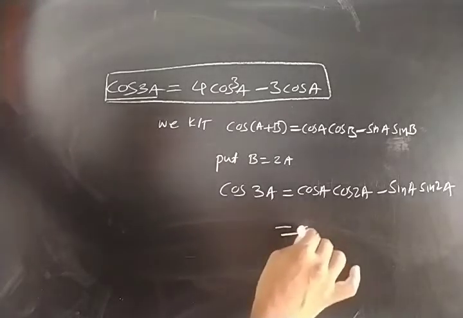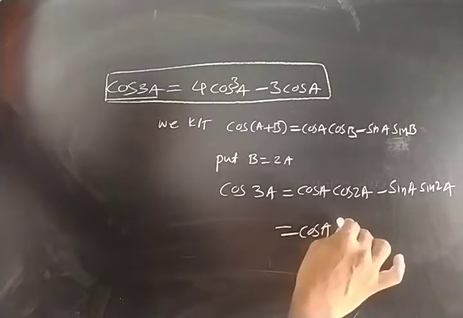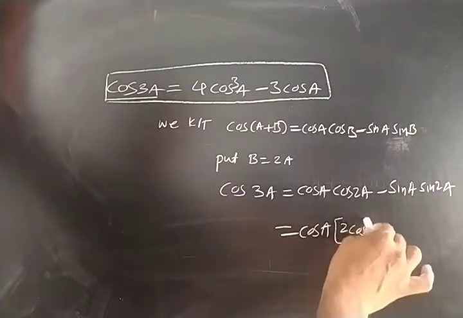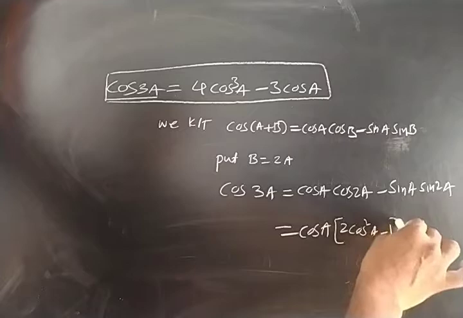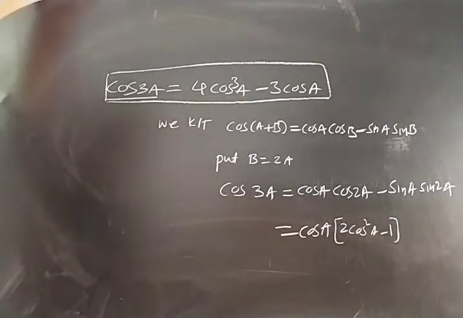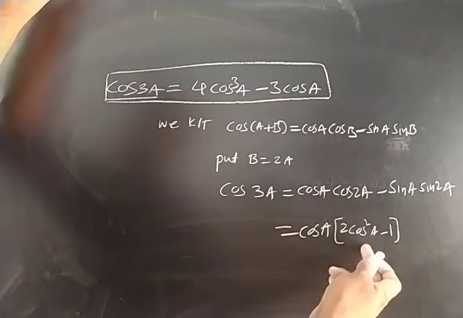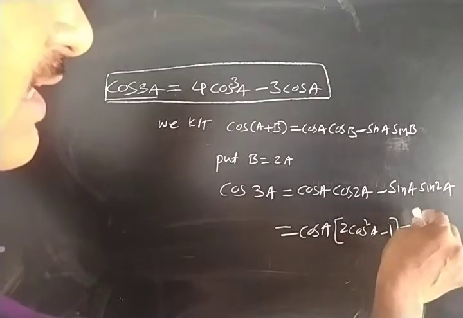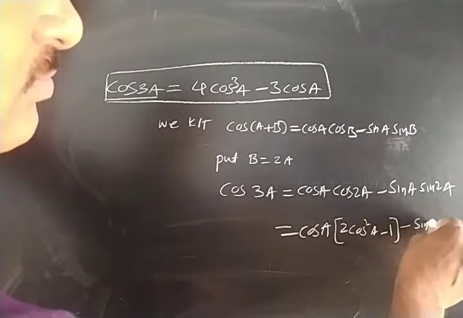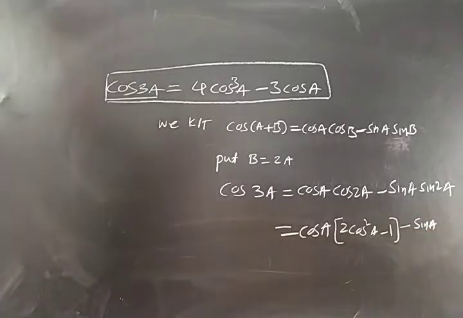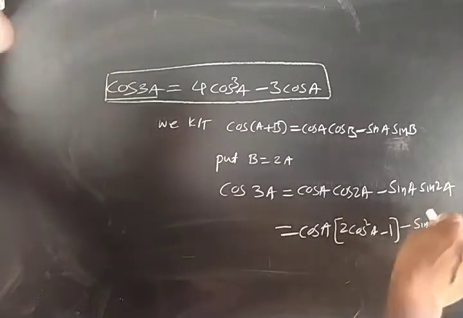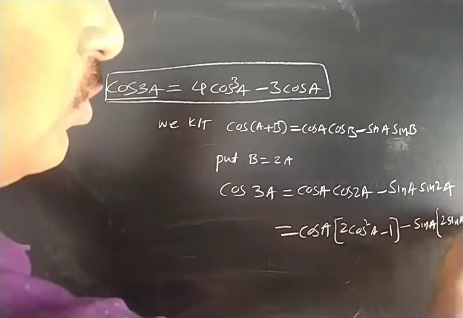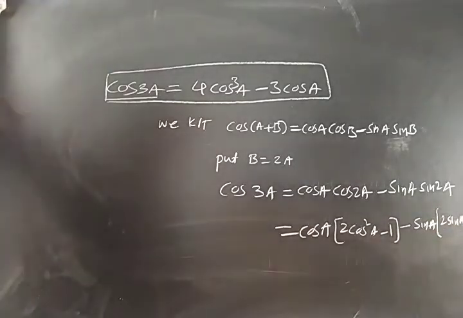So cos 2a I am writing in terms of cos, using the second identity of double angle identity: 2 cos square a minus 1. Minus sin a, and here the sin 2a formula, 2 sin a cos a.